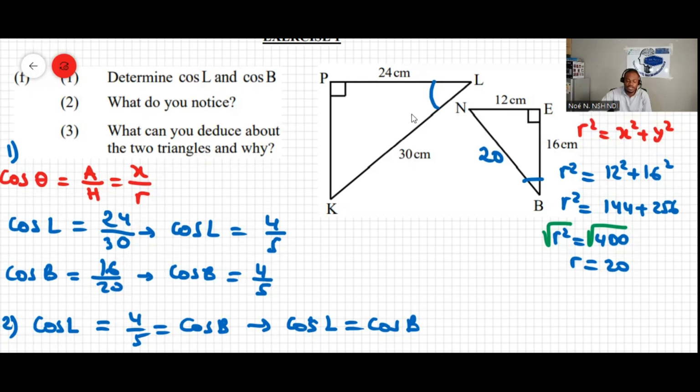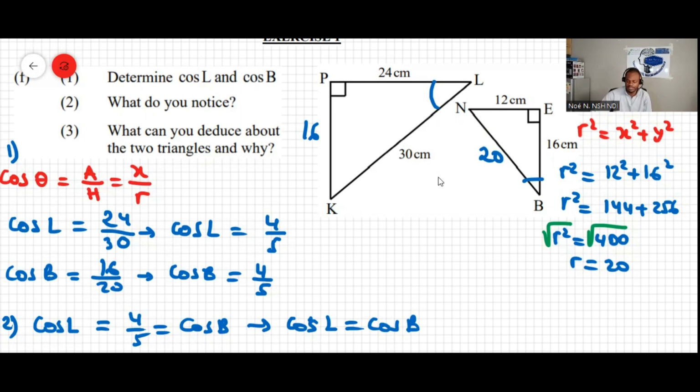If we calculate this other side, we are going to get 16. So basically, this bigger triangle is just 1.5 times the other triangle. So the two triangles are similar, because they have the ratio of 3 to 2.